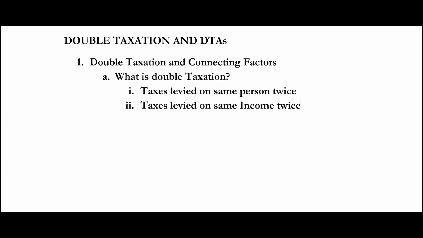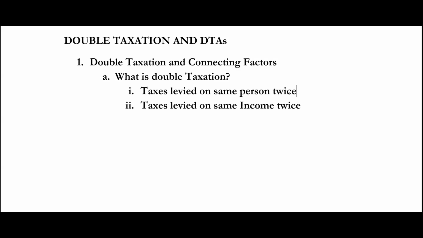Now, when tax is levied on the same person twice, that means it's two different jurisdictions. For instance, if I have gone to the UK to do business and I pay tax there, when I come to Ghana, by virtue of me being a citizen of Ghana, per our tax laws, I'm also supposed to pay tax in Ghana on that foreign income.